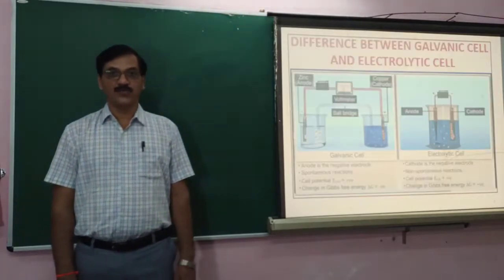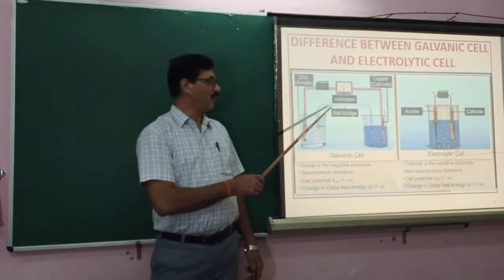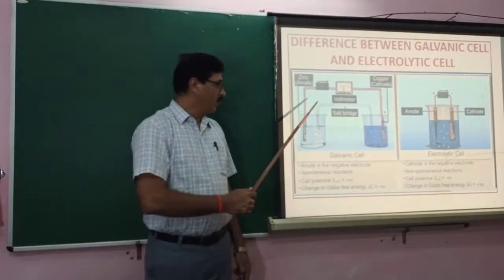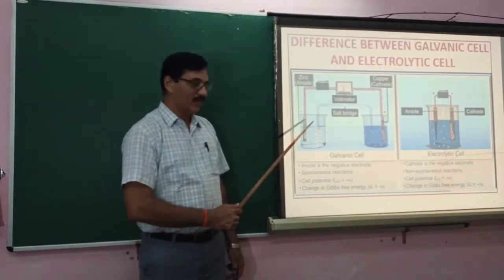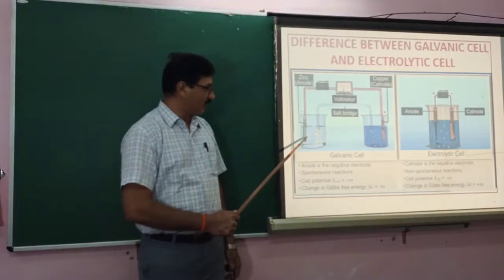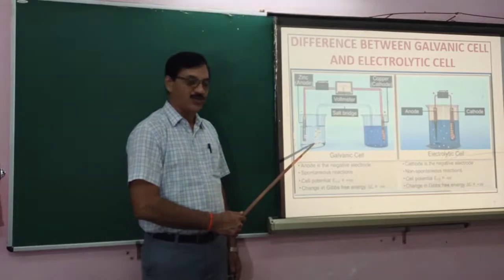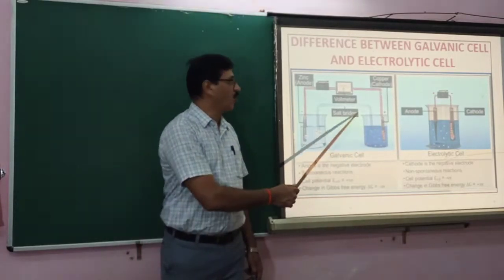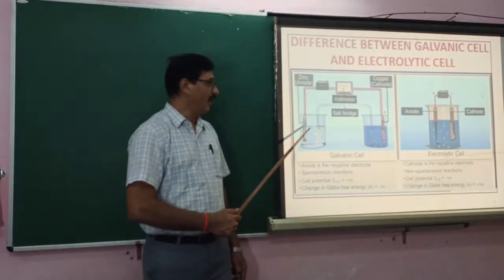The galvanic cell, which we have used for generation of electrical current, consists of two half cells, with a metal electrode along with its ionic solution in each, connected with a salt bridge.